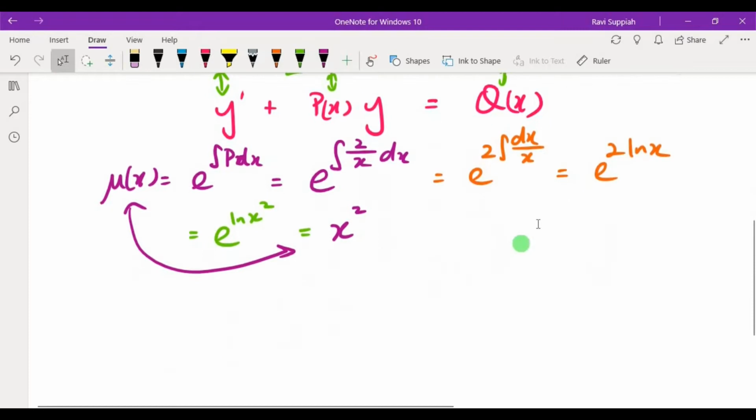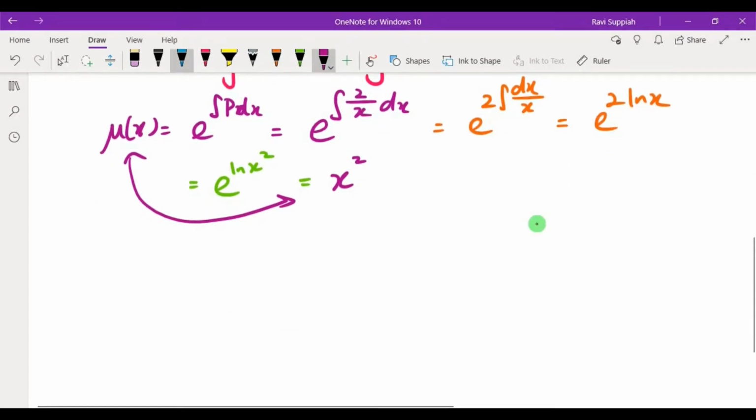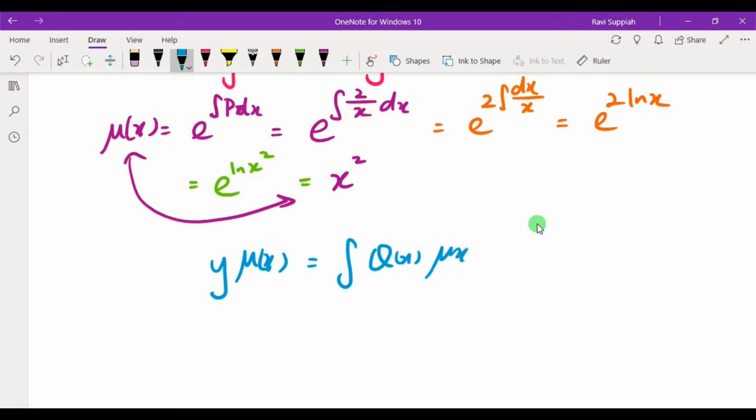Once you have the answer for mu x, you can write the final expression, which is y mu x equals the integral of q x mu x dx plus c.